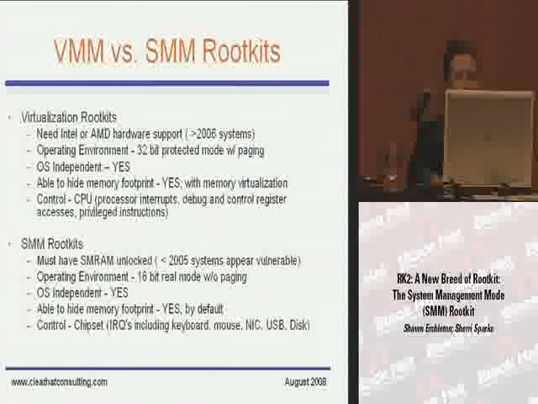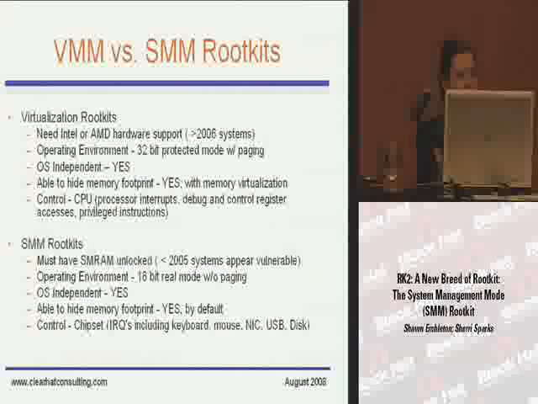This limits the virtualization rootkits to newer systems, mostly 2006 or younger. In contrast, the SMM rootkits need to have the SMRAM unlocked. Incidentally, the older systems appear vulnerable to having their SMRAM remaining unlocked. From our research, it looked like most systems before 2005 tended to still be unlocked.